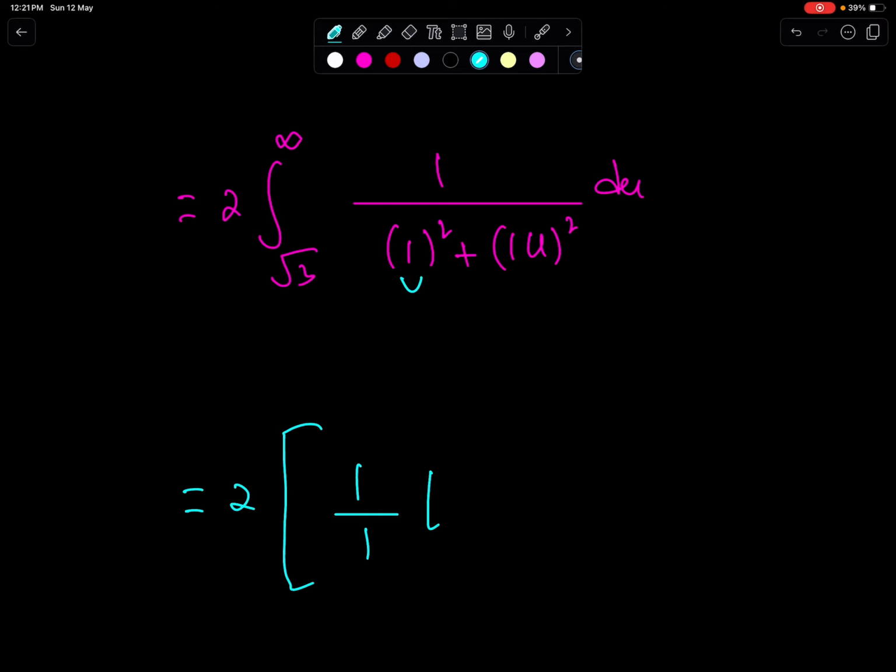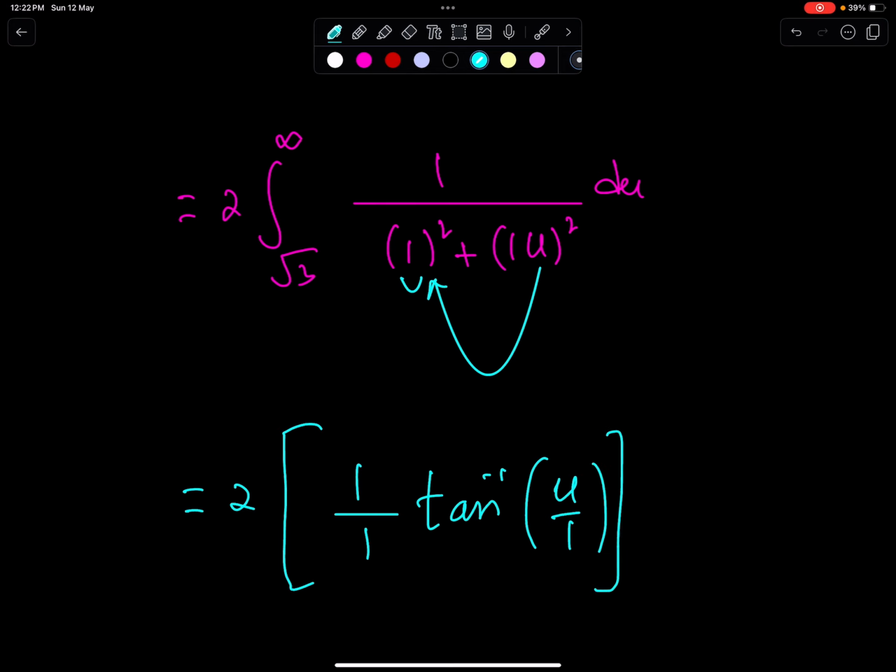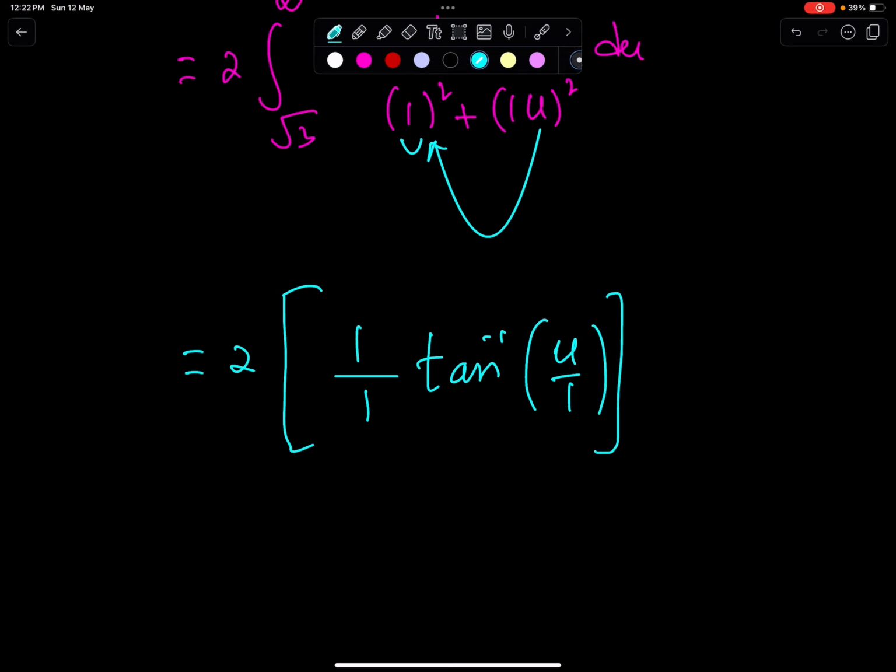Then write tan inverse. Then write fraction of these two as an angle of tan inverse, u upon 1. Watch my previous lecture on the channel so that you would understand this concept well.